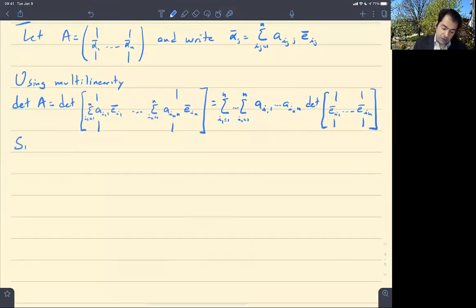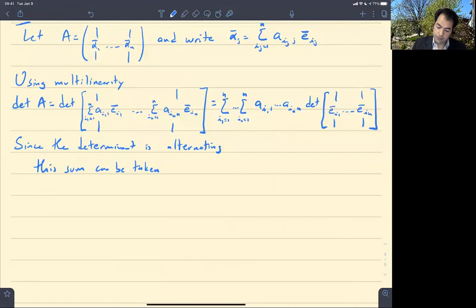Now, since the determinant is alternating, this sum can be taken over distinct indices.